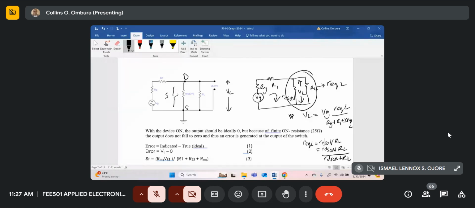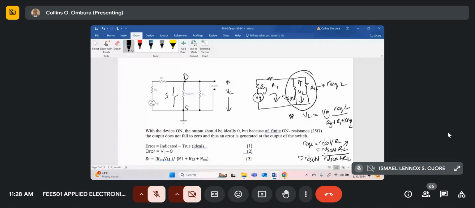RL is the input to your AC amplifier, so this will be approximately equal to RDS on. Remember, RL is the input to the next stage, and this is normally quite high. So you've got a high resistance in parallel with a very low resistance. This is 25 ohms. This could be hundreds of kilo ohms. It's approximately equal to that.